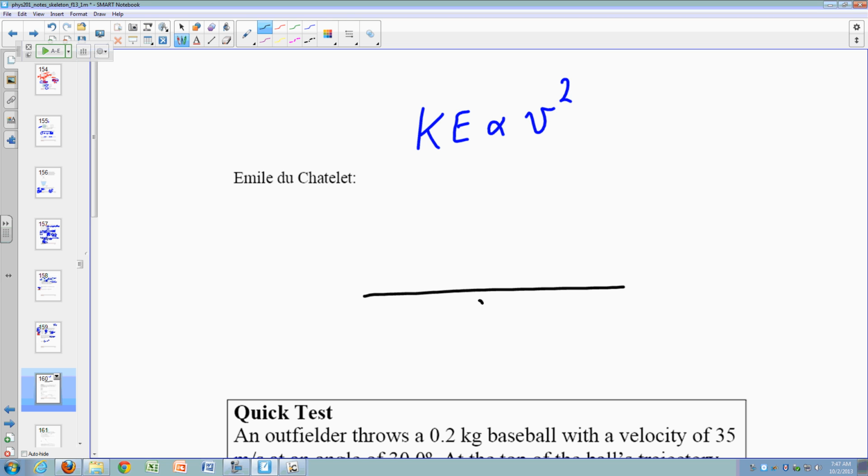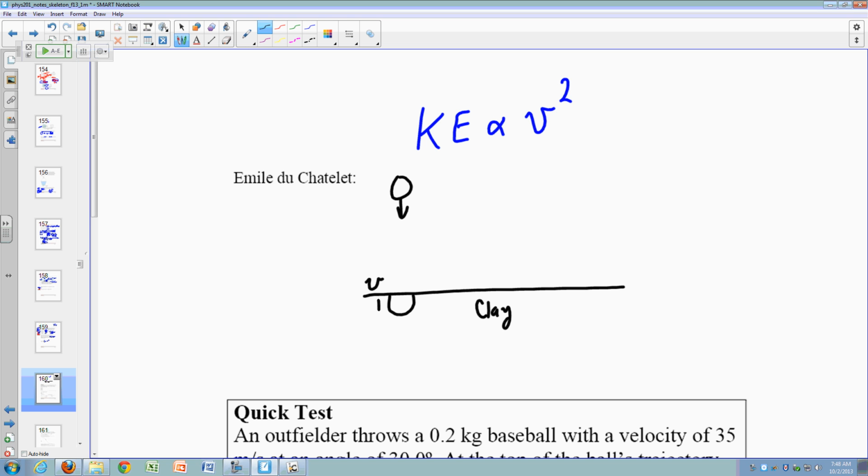She took a clay substance and she dropped a ball. And she dropped a ball so that when it struck the clay, this clay base, she knew what its velocity was, because they knew the kinematics equations that we covered in chapter 2. And then she measured the depth that the ball made in the clay.